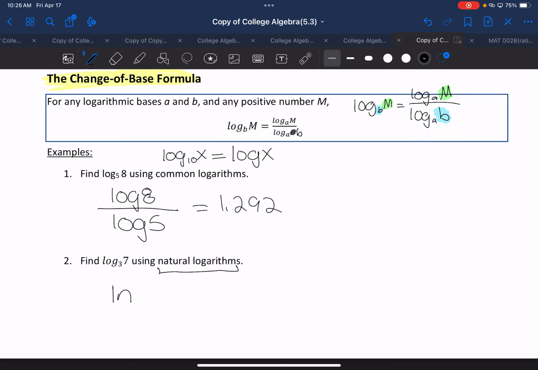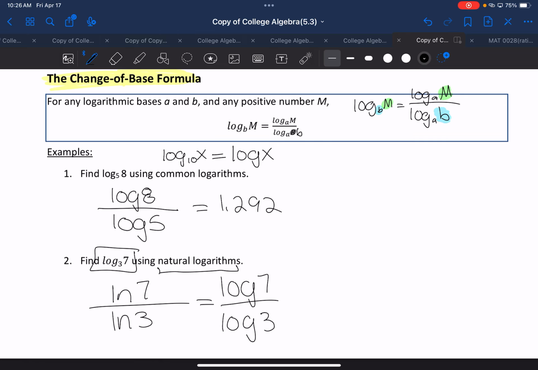So you take the ln of the larger written number and divide it by the ln of the base, which is 3. Like I just showed you, this would be the same thing as log of 7 over log of 3, but they're telling me to use the natural logs here.